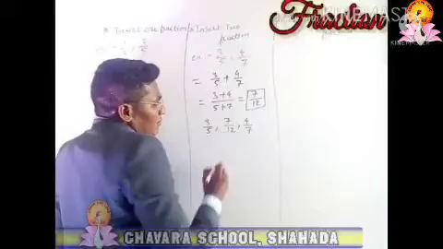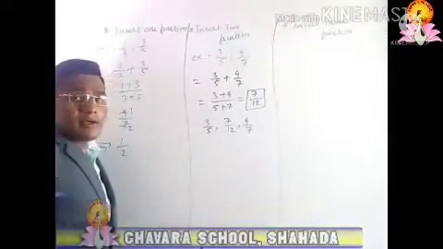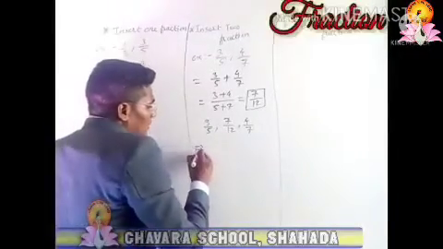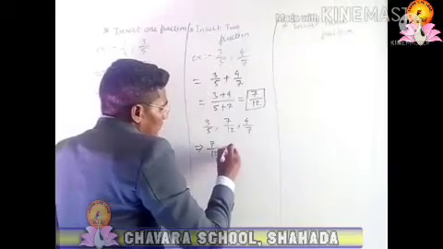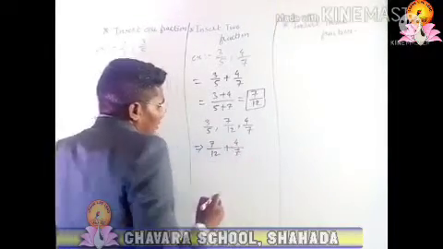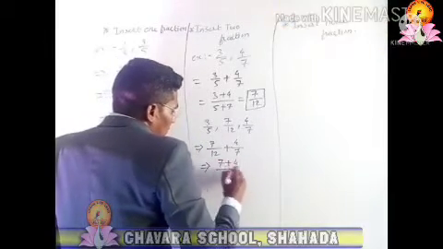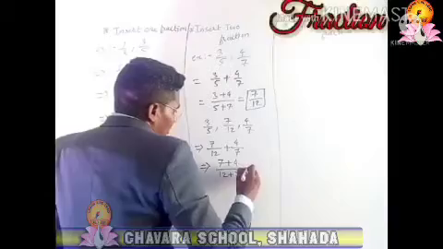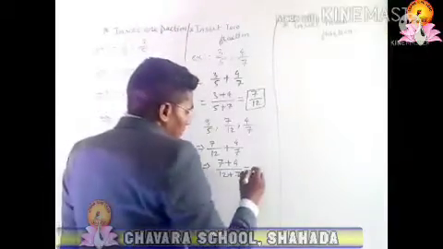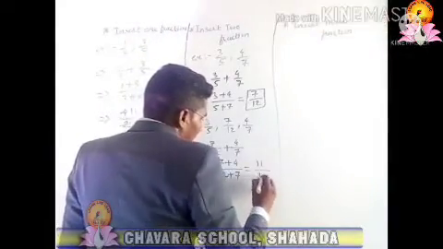Now 7 by 12 plus 4 by 7, numerator plus numerator, is equal to 7 plus 4 upon 12 plus 7, and it is equal to 11 by 19.